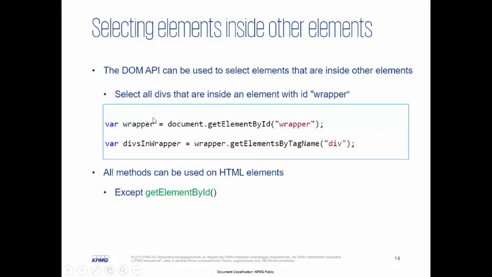And then we can also call wrapper getElementsByTagName, and then we will get elements inside this one. So that's also one way to traverse. You can find an element and continue from there. So you don't have to traverse the whole document again, or you don't have to build complicated queries like this. You can just get an element and continue inwards from it. So that's the power here.